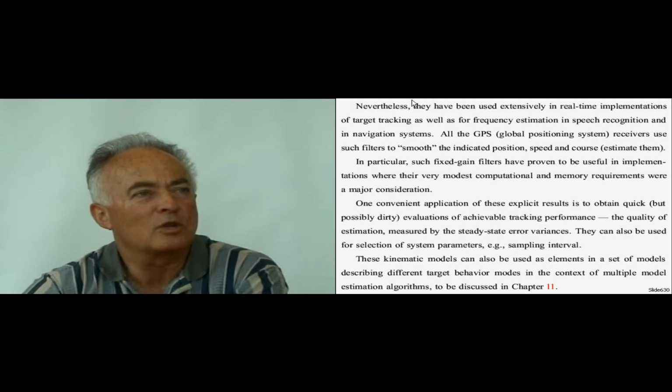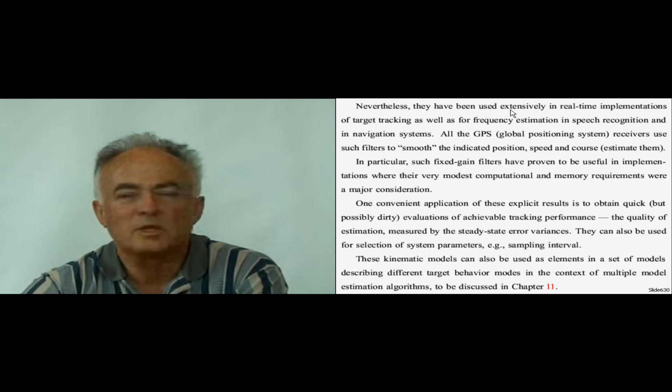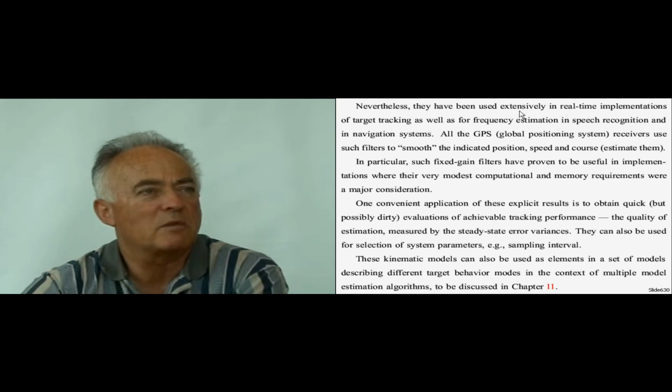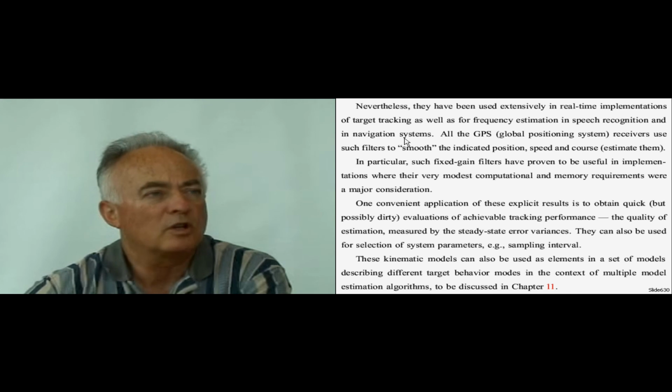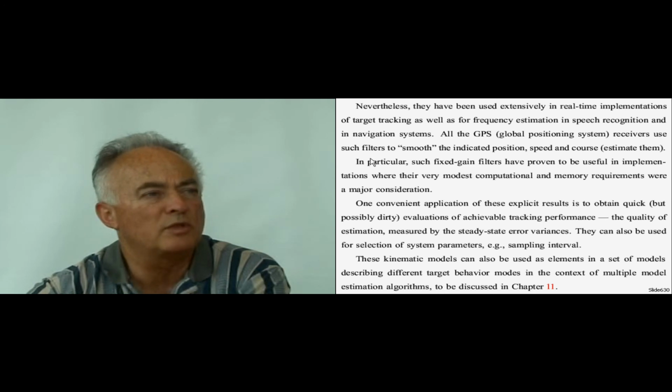So, in spite of these mismatches to the real world, they have been used extensively in real-time implementations of target tracking, frequency estimation in speech recognition, or navigation systems. All the GPS or global positioning system receivers use such filters to smooth the indicated position, speed, and course.